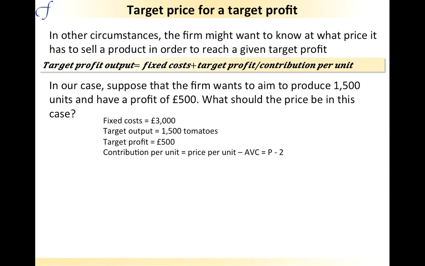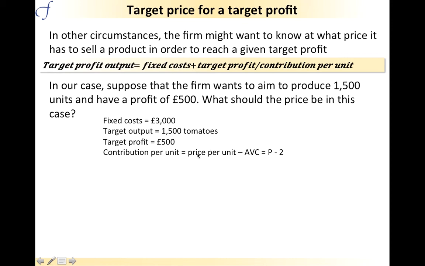Say that in our example, our company wants to sell 1,500 tomatoes and have a profit of £500. What should be the price at this point? Well, what we don't know now is the contribution per unit. That is an unknown variable because we don't know the price. That's what we can decide.